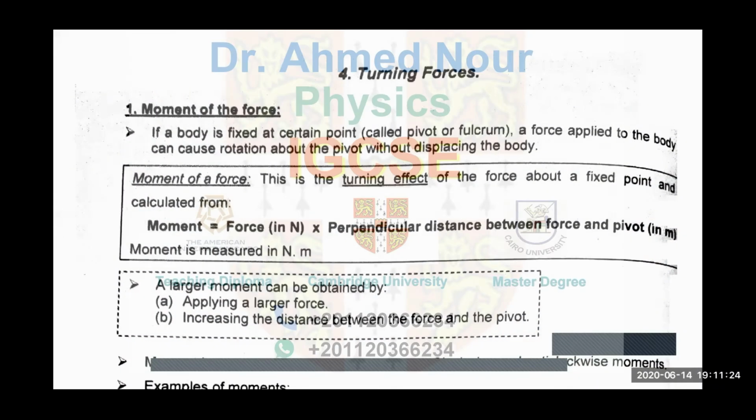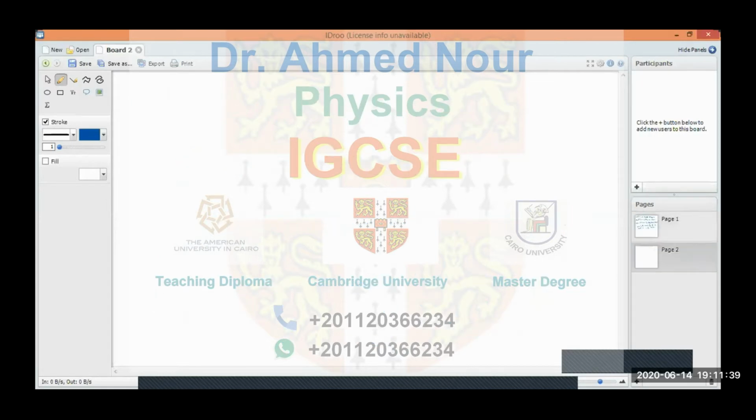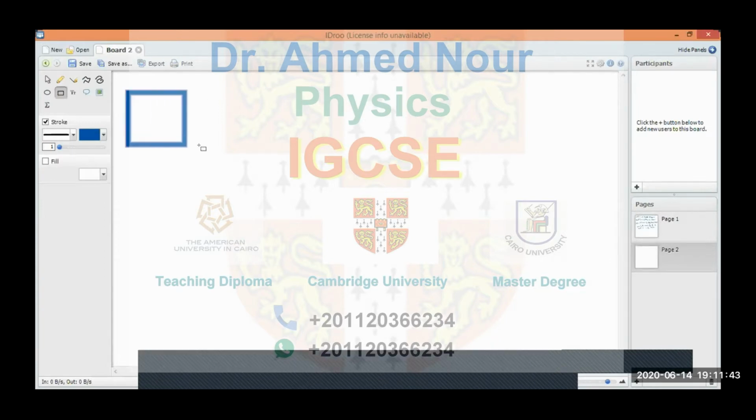When I have an object and this object changes its position, we say there is a displacement, or a change in the position. I can measure the distance to see this. Let's draw something to make it easy for you.